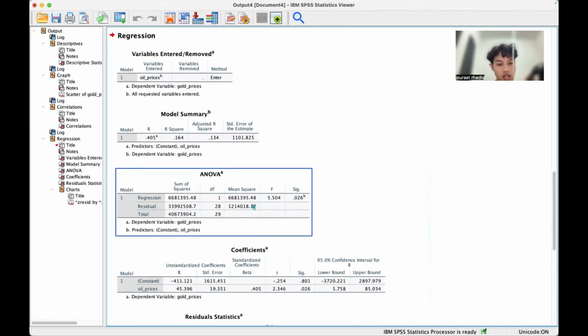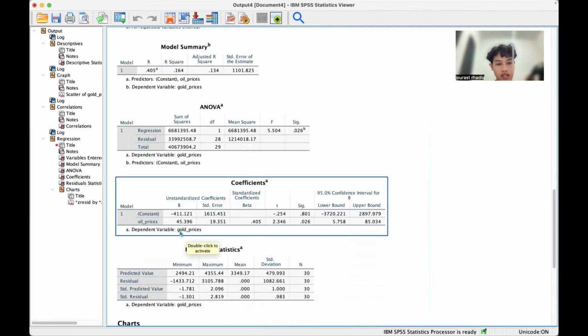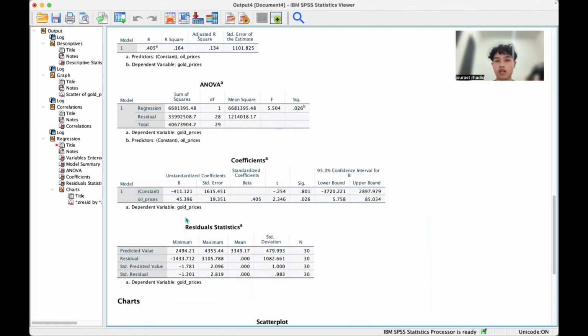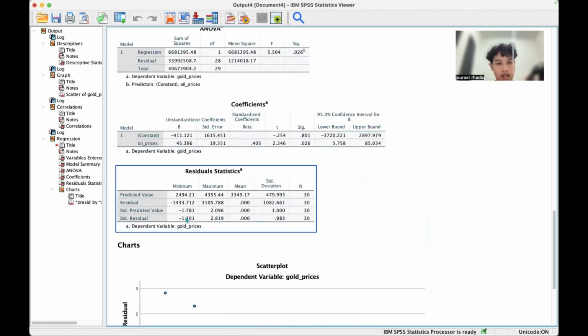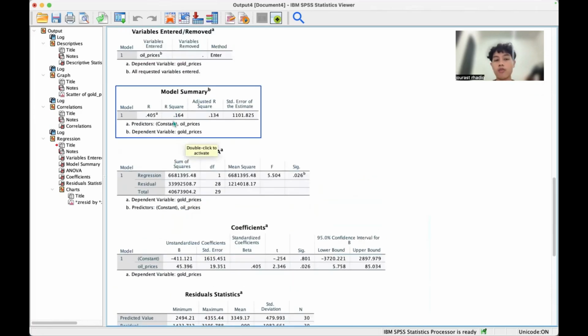And also we can see here the beta is 45.4, meaning for every $1 increase of oil price, gold price is expected to increase by $45.4. But if you see the R square, it is only 0.164, meaning only 16% of the gold price changes are affected by oil prices.